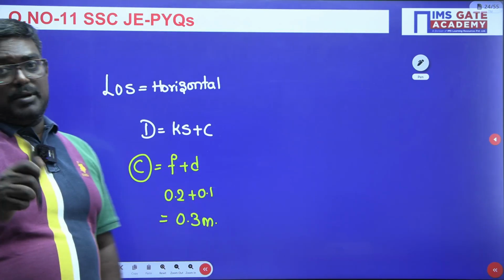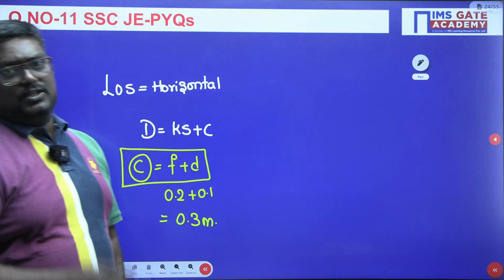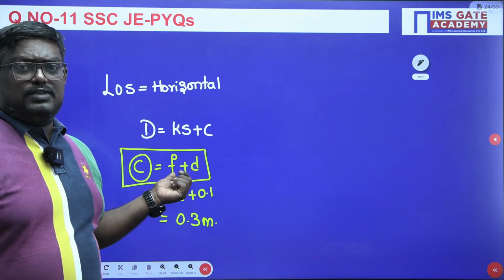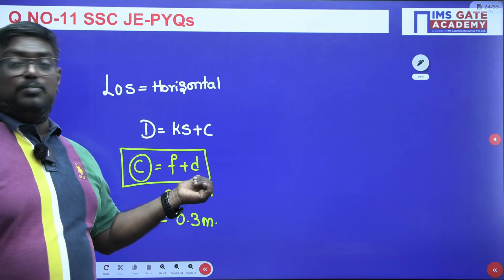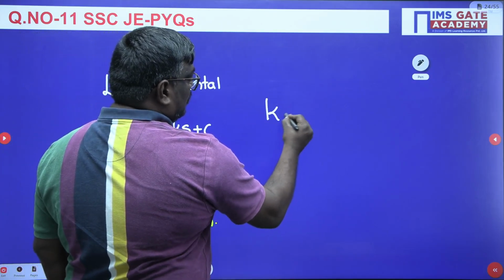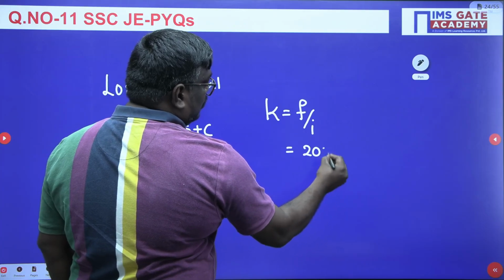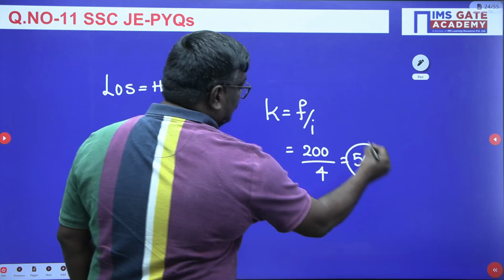Remember, they can ask you this question directly. That is the reason I have framed this question. So you know additive constant is focal length plus distance from the instrument to the optical center O, small d. So we got 0.3 meter. Now the multiplying constant is equal to how much, students? Focal length upon stadia intercept. This is equal to 200 mm upon 4 mm, which is equal to 50, which will not have any units.